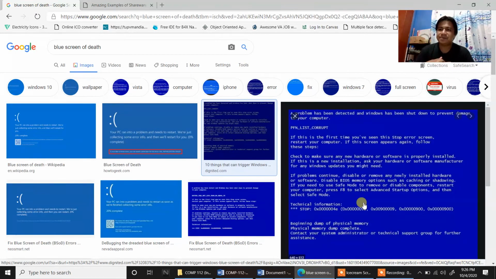Mostly the kernels that cause a blue screen, somehow their cause is mostly the memory. So probably the memory is malfunctioning, not functioning well.